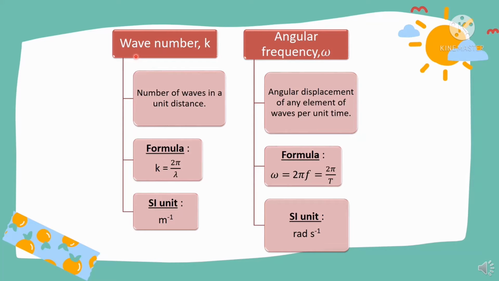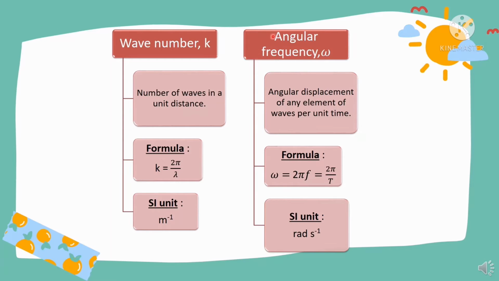Next, we have wave number with the symbol of small k, which is defined as number of waves in a unit distance. The formula for wave number is small k equal to 2 pi over lambda. And the SI unit for wave number is per meter.